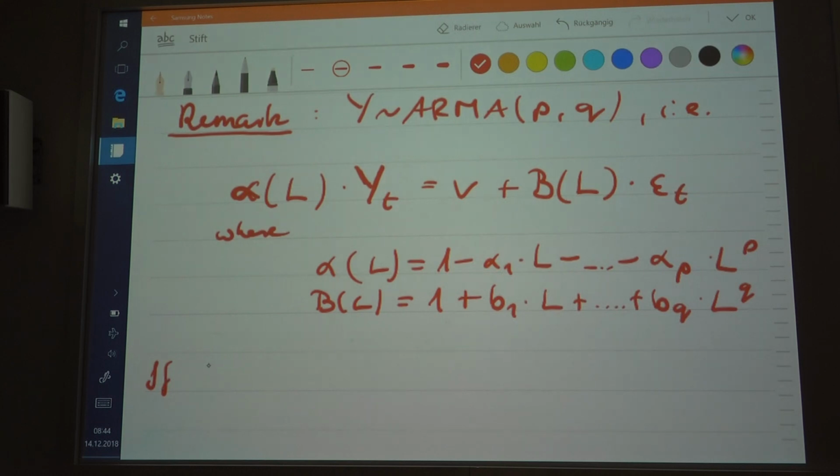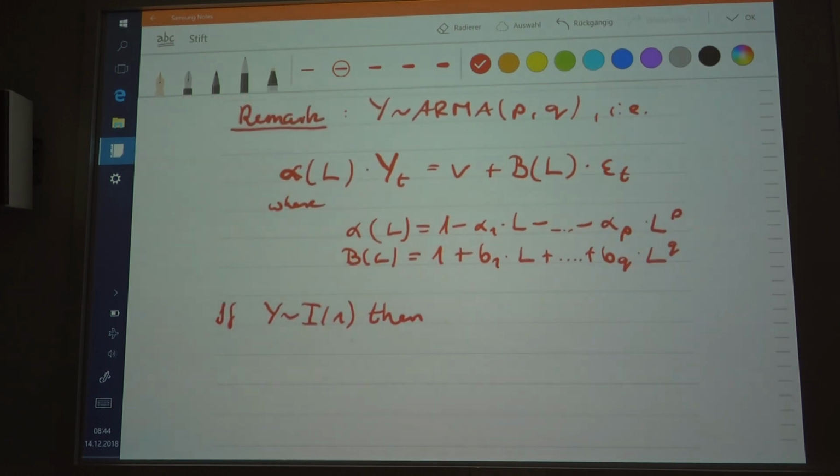Because if y is also an integrated process of order 1, the first order integrated process, then we have the following implications. First off, if you put 1 into the polynomial of the autoregressive part, then you're going to get 0 as a result.